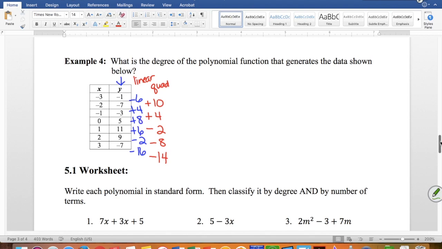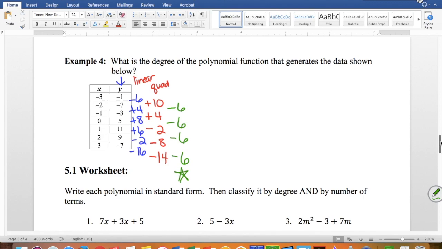I'm going to do another set of differences here. So from 10 to 4, that is a decrease of 6. From 4 to -2, that's a decrease of 6. From -2 to -8, that's a decrease of 6. And from -8 to -14, that's a decrease of 6. Bingo, we have found a pattern. We have found a constant difference.